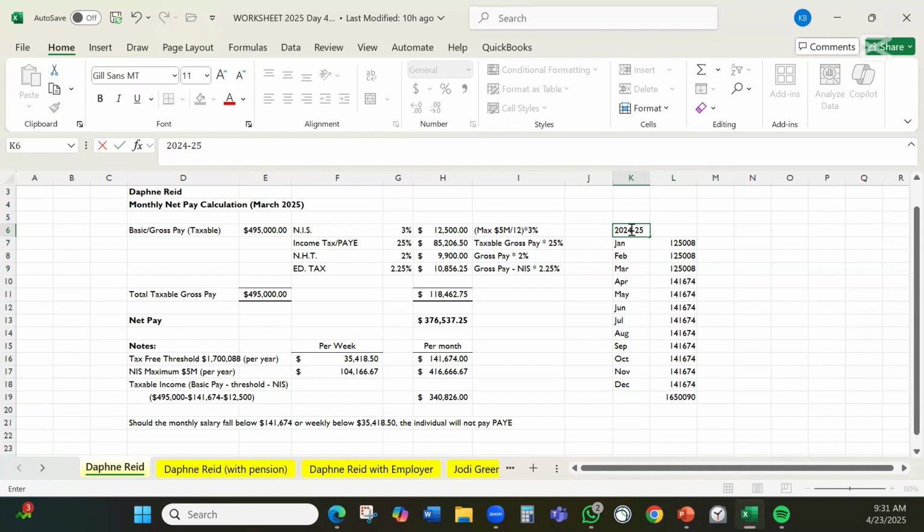There was a split in terms of what the threshold was. For January to March, the threshold was 125,008, which was based on the $1.5 million threshold. Sorry, it should be 23, 24.